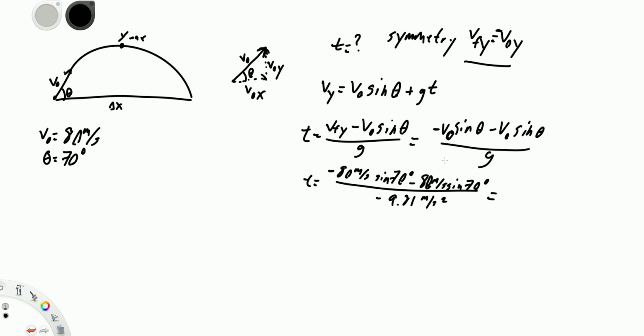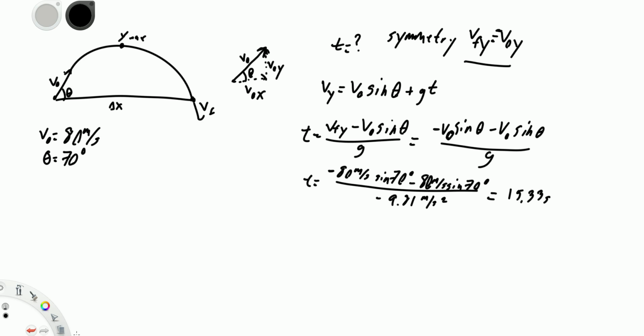Alright, plug and chug, and we get 15.33 seconds. Alright, and that's our total time, right? Because we solved for the final velocity in the y direction. Well, didn't solve for it. We made assumptions about that VF down here, and so we went from the initial to the final position, and so that's our total time there.